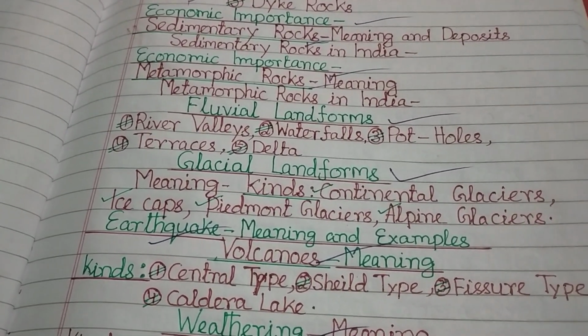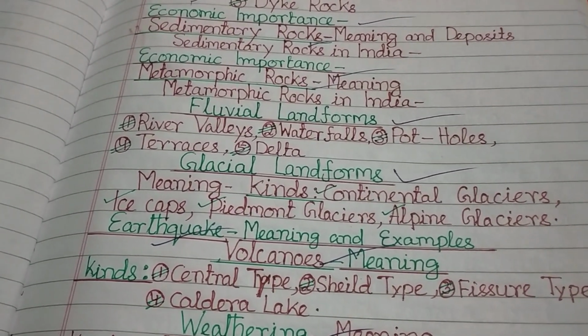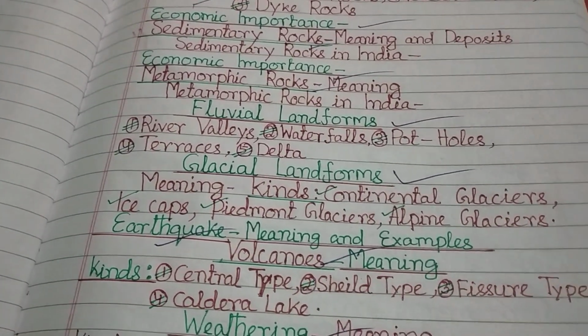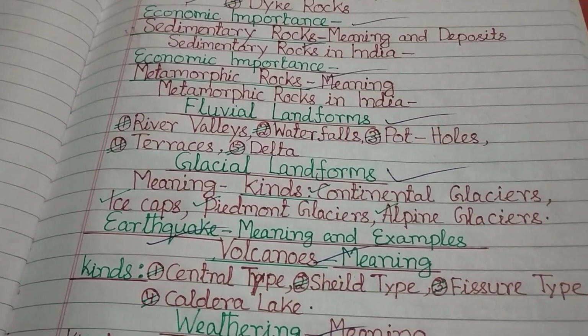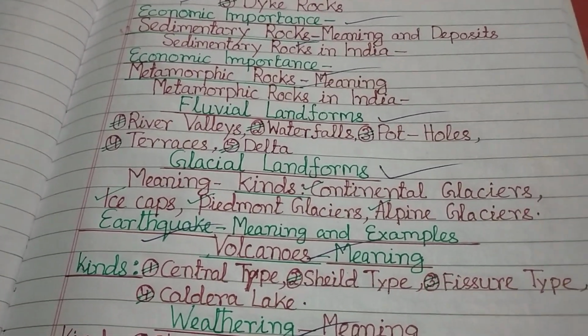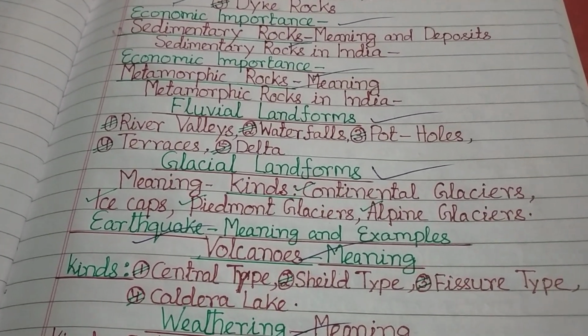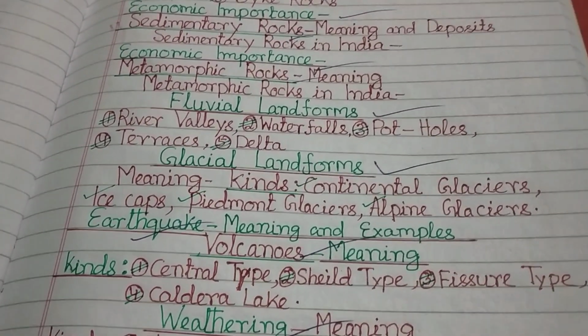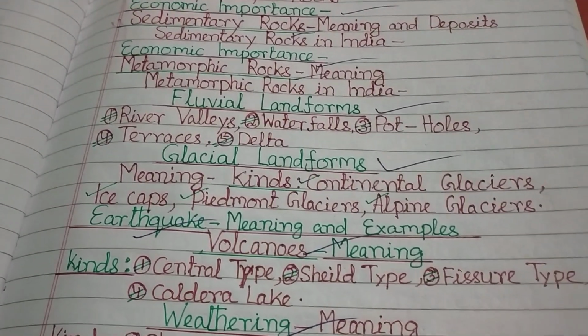Most of the minerals are oxides, silicates, and carbonates. So, among the rocks, the first one is igneous rock.